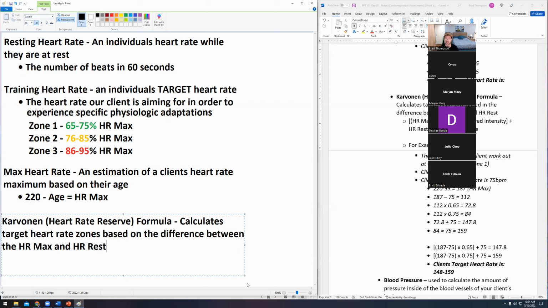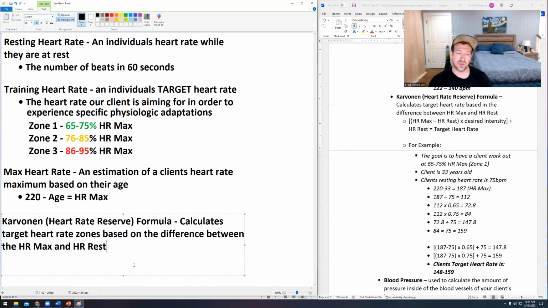So now we take into account their target heart rates. And so this formula is going to be a little bit more complicated. We've got to use brackets now. Heart rate max minus heart rate rest. So we need both of those first. Then we multiply it by our desired intensity, right?